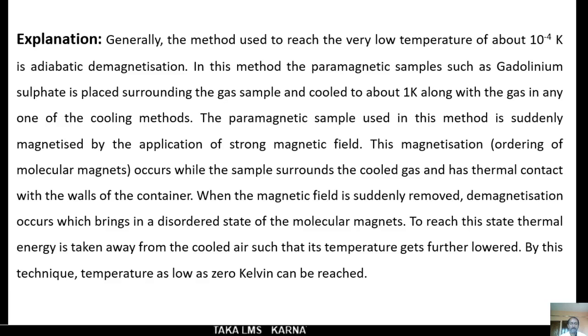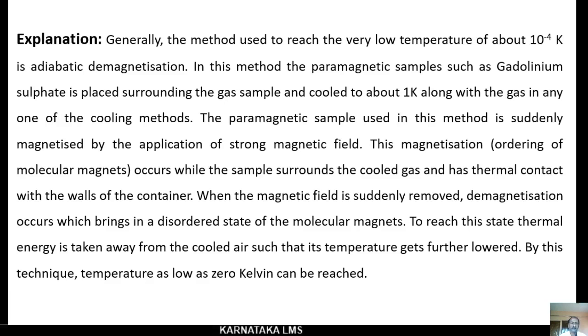When the magnetic field is suddenly removed, demagnetization occurs, which brings in a disordered state of the molecular magnets. To reach this state, thermal energy is taken away from the cooled gas such that its temperature gets further lowered.